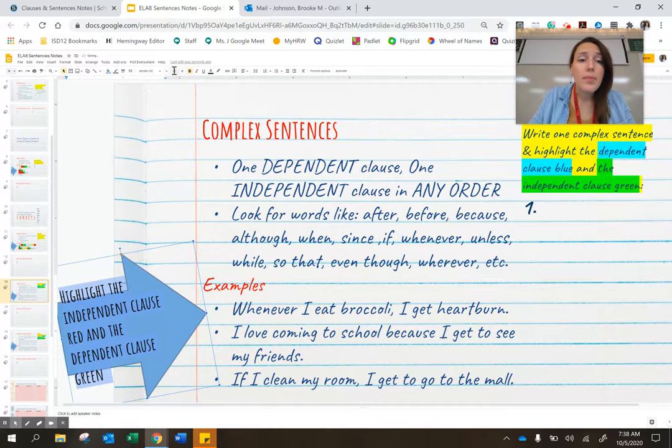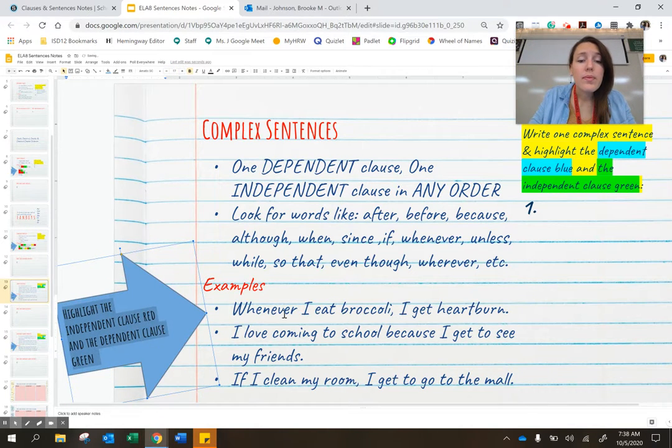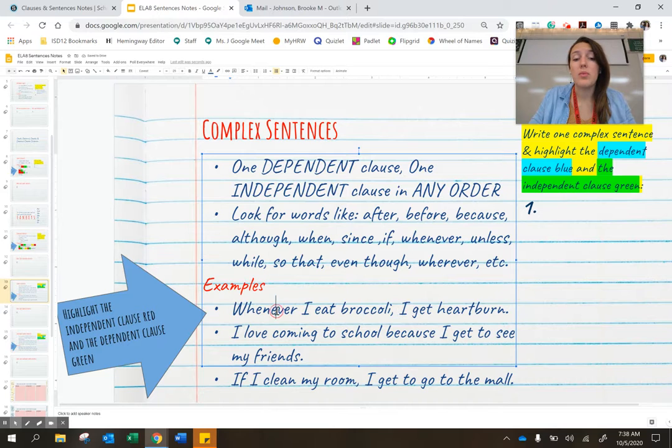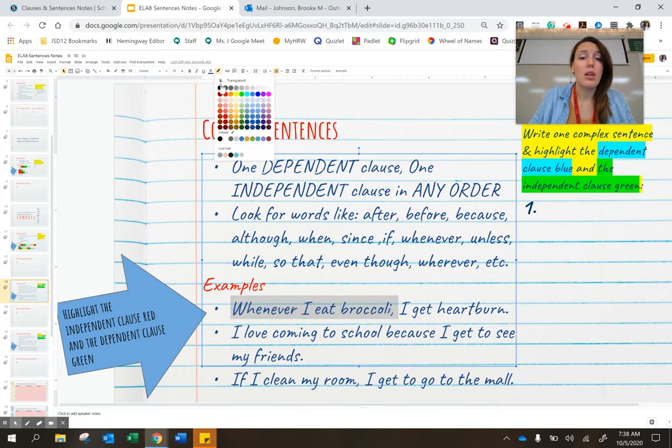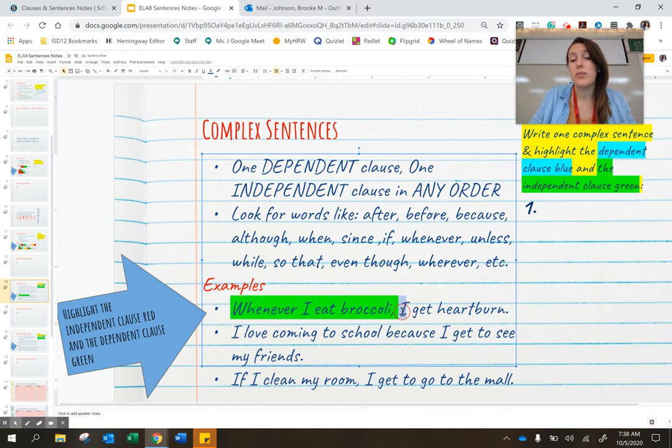That's what we'll do for this one. So whenever I eat broccoli, so because of that whenever, this one is a dependent clause. So dependent clause green. I get heartburn. So that has a subject, I get, verb, and so that one is a complete thought and it is an independent clause.